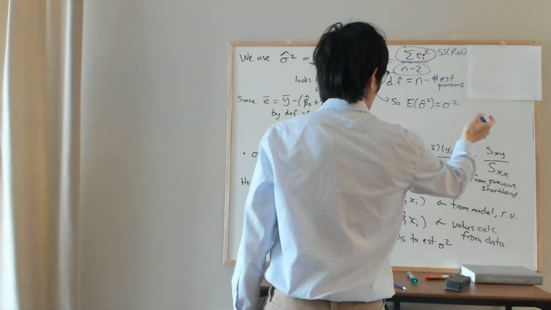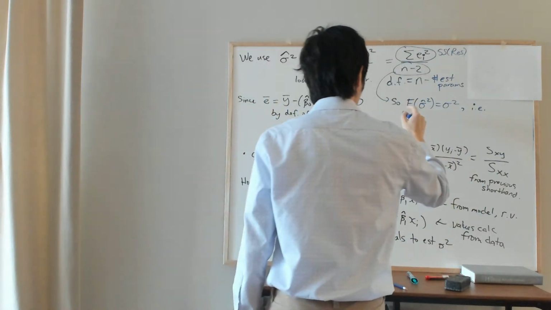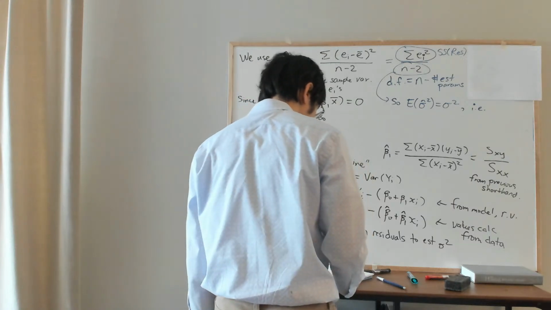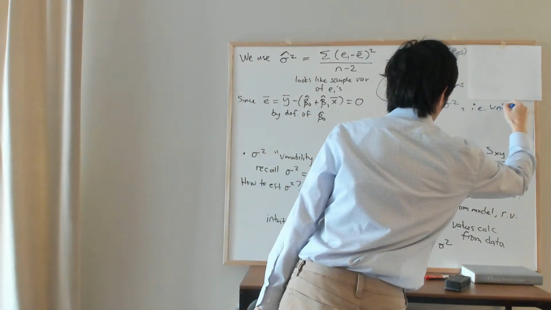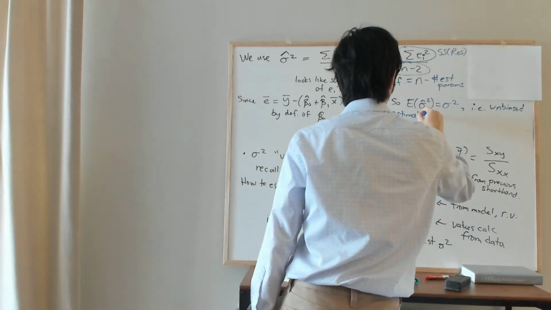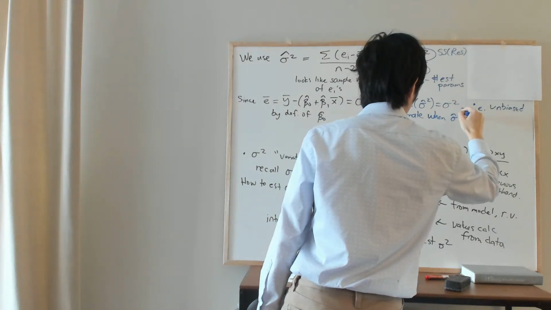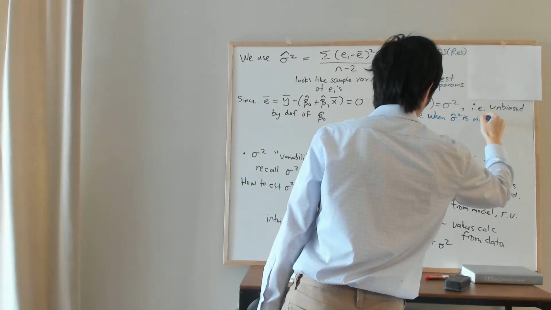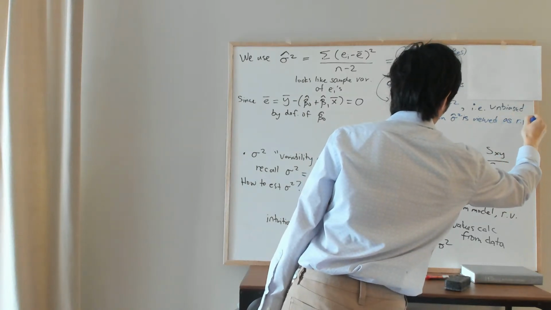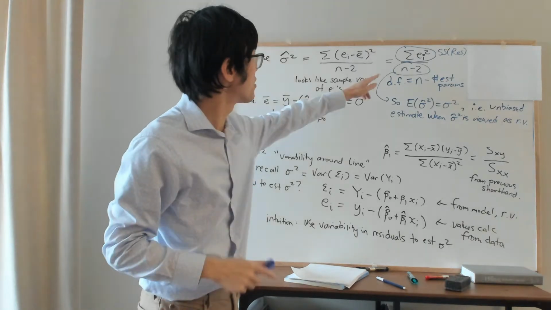That's true, which means in the language of inference, sigma squared is unbiasedly estimated when sigma squared hat is viewed as a random variable. So that's what I'll say about the n minus 2 for now.